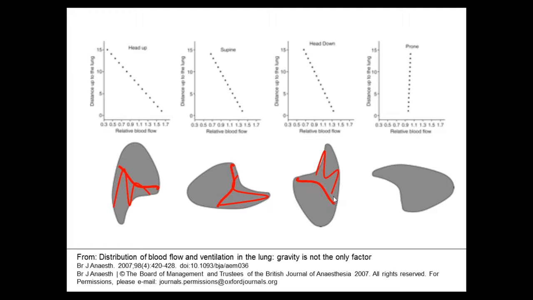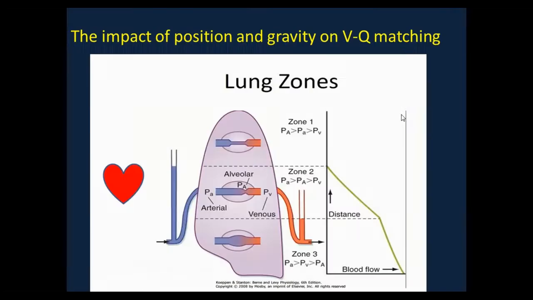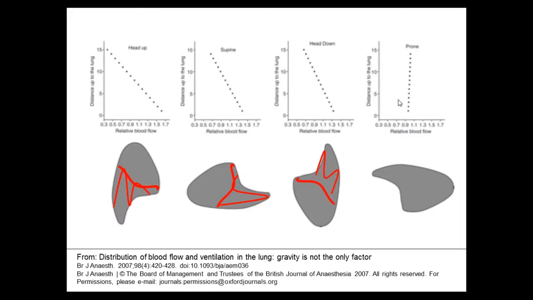The bottom of the lung and the back of the lung stayed the most perfused area. It means that there is no significant effect of gravity. The only change happened when they tried the same perfusion test in the prone position. In the prone position you have almost equal or even distribution of blood through the lung.